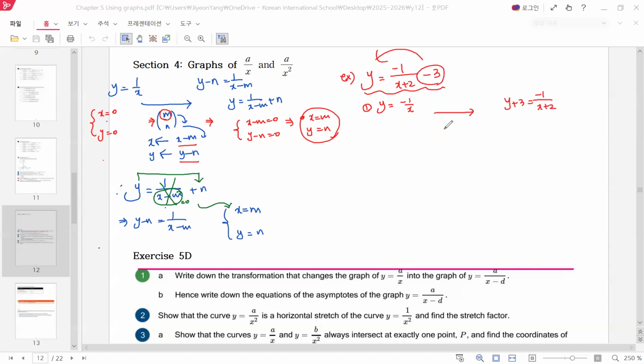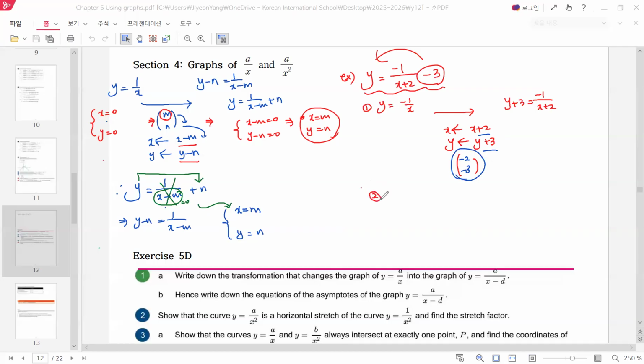So instead of x, it is written x plus 2. Instead of y, it is written as y plus 3. Then the translation vector is 2 and 3, but you need to change the sign: minus 2, minus 3. This is the translation vector.